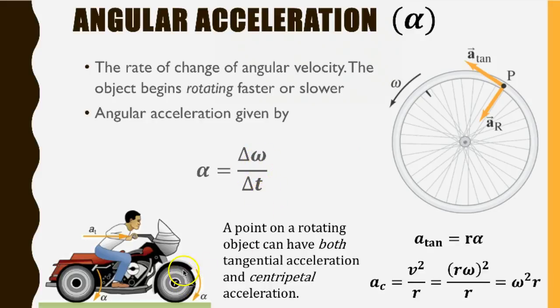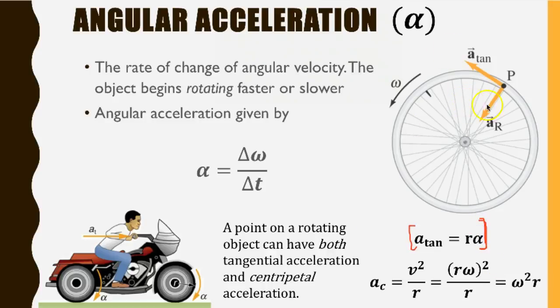Now, if something is rotating, it can have both tangential acceleration and centripetal acceleration. We've talked about centripetal acceleration being the acceleration that keeps it moving in a circular path, always directed toward the center. But it can also have this acceleration tangentially, and tangential acceleration can be described as r times alpha.